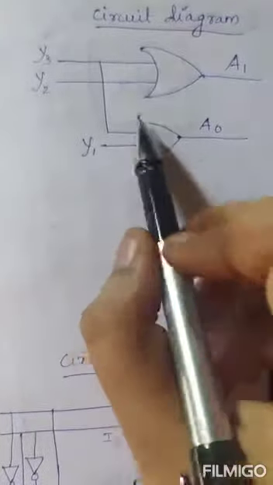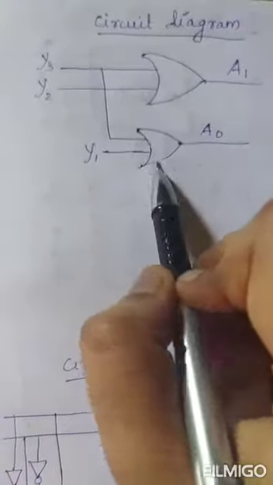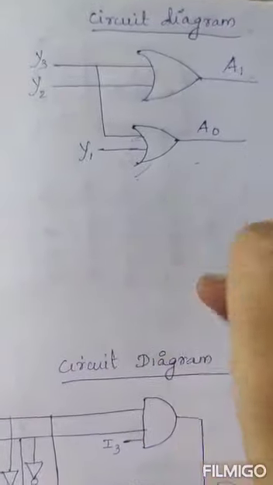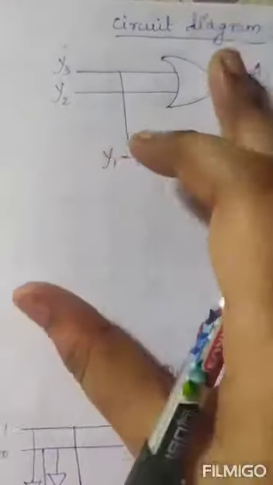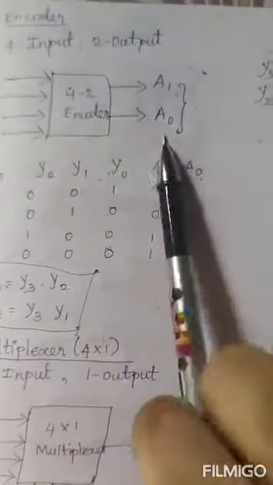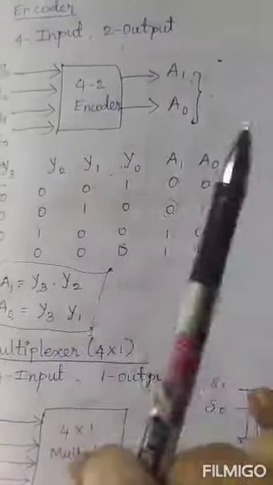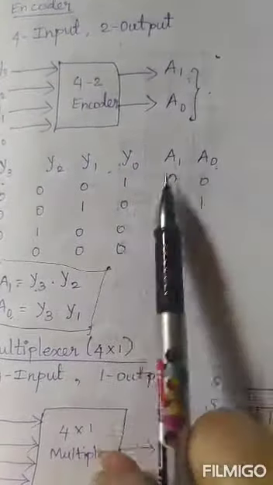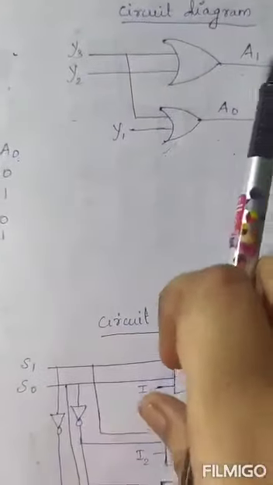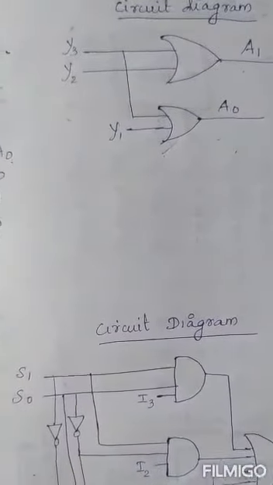This is an OR type gate, so we have to draw a curved one and join it. This is A1 and this is A0. It's very simple compared to decoder. So this is encoder finalized: 4 inputs and 2 outputs. In the truth table, write the formula only for the 2 outputs, and draw the circuit diagram for those 2 outputs, A1 and A0.